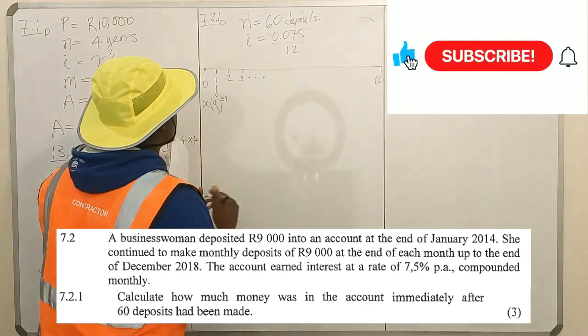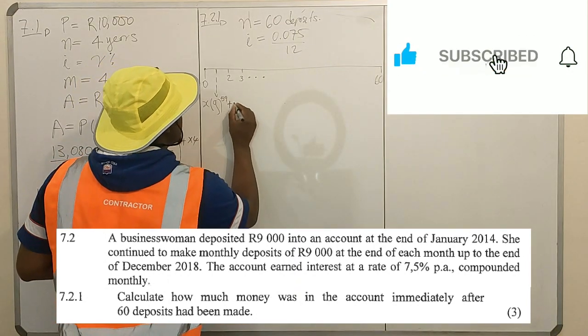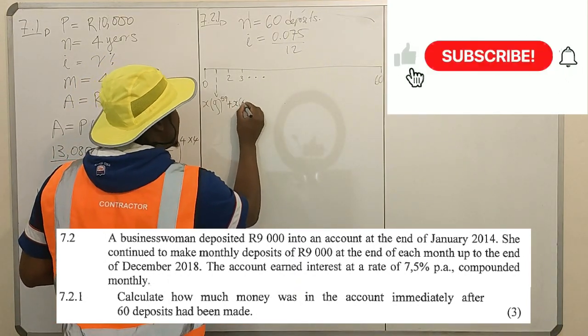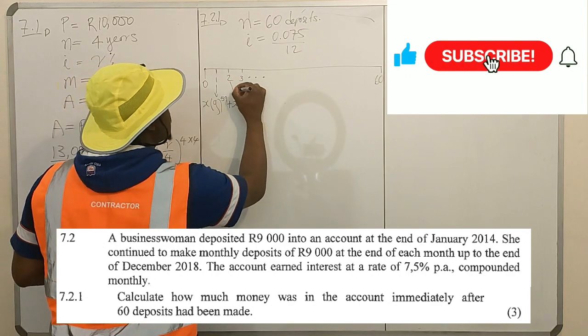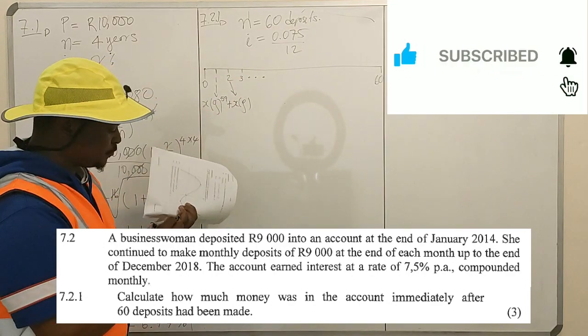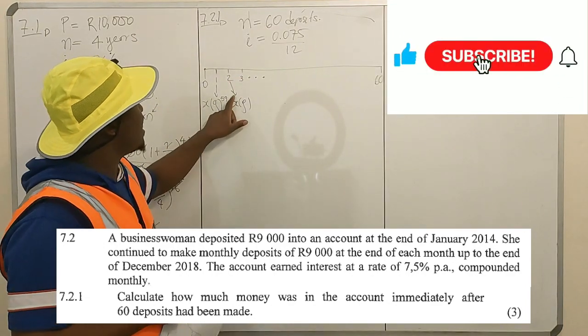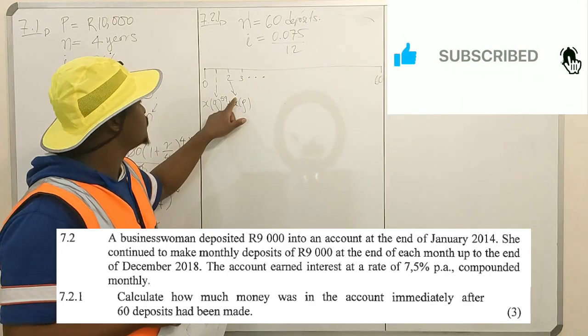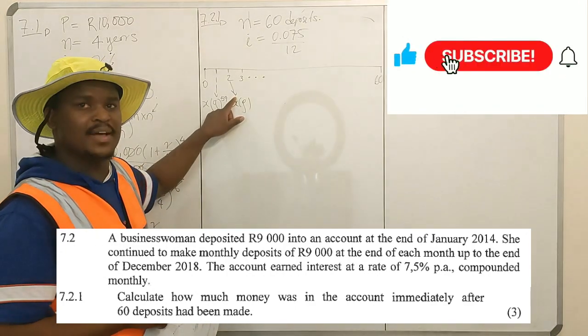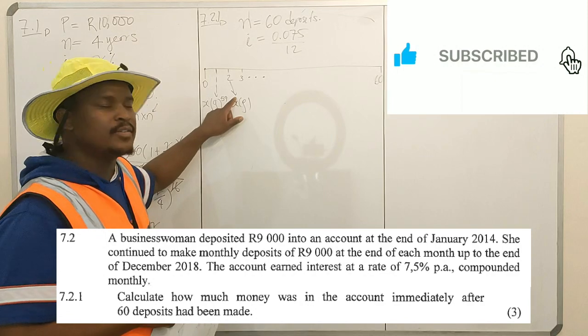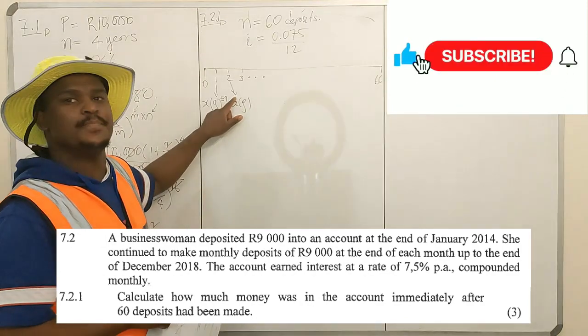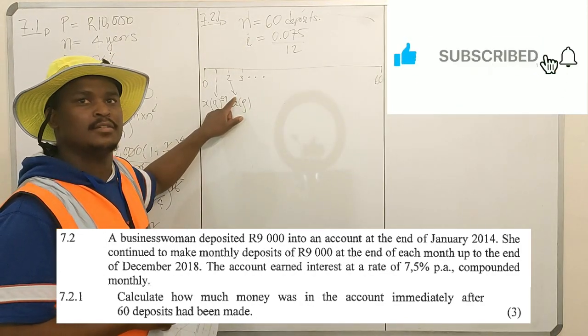Then let's go to the second one. Second 9,000, interest again. So we're talking about this one here now. This is the second month, right? The second deposit is made at the end of the second month.